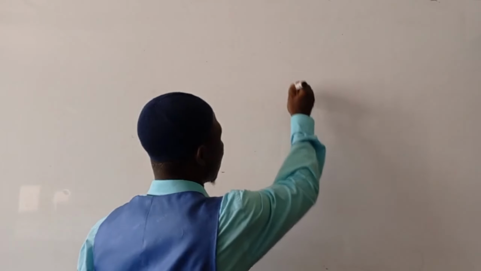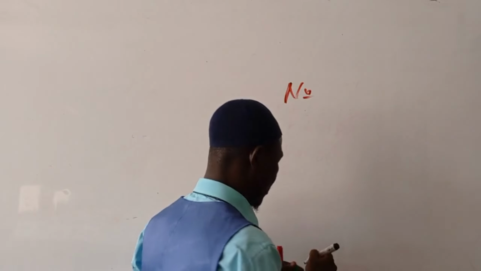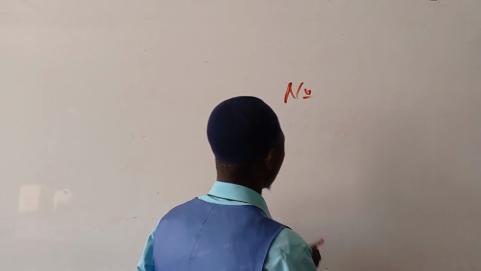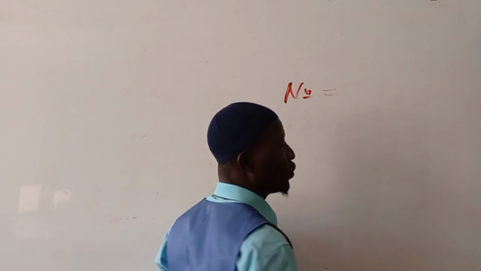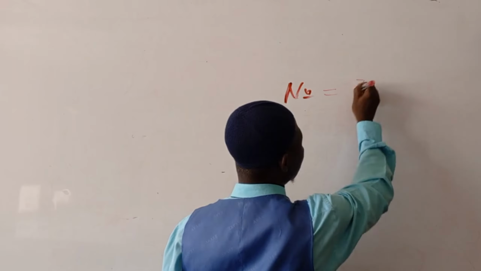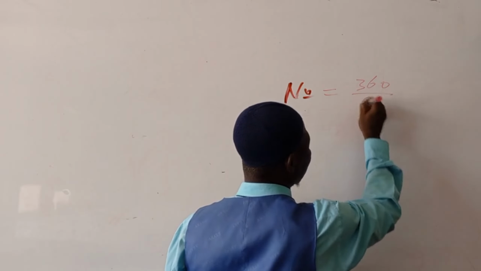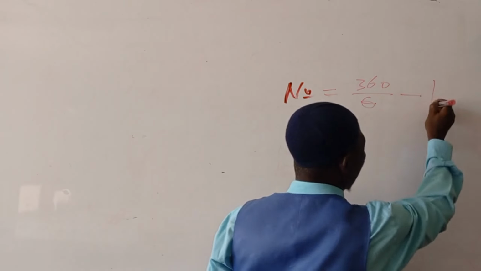So the formula for calculating the number of images formed when two mirrors are inclined is: number of images equals 360 over theta minus 1.